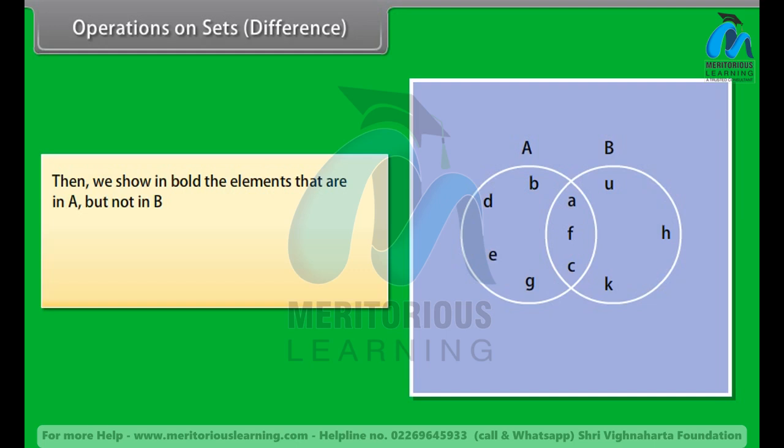Then, we show in bold the elements that are in A but not in B. A is equal to {B, D, E, G, A, F, C}. B is equal to {K, H, U, A, F, C}.